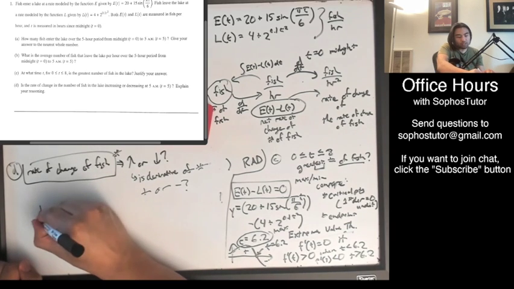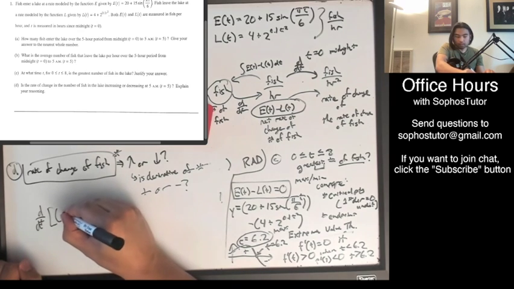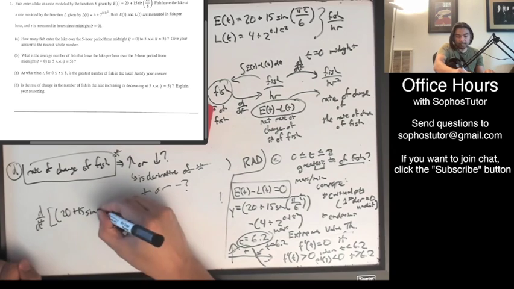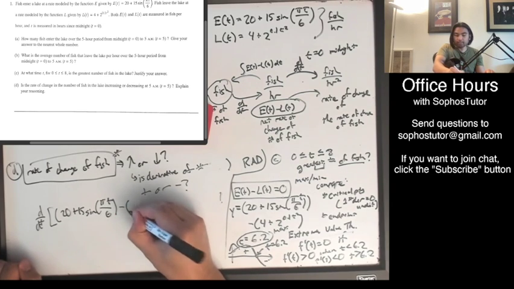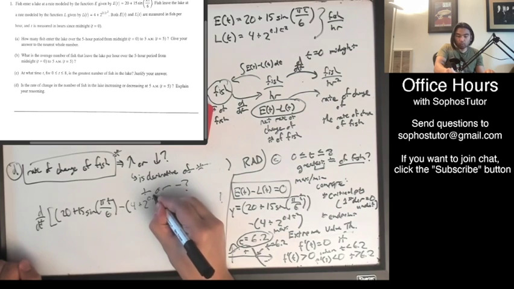If we take the derivative of 20 plus 15 sine of pi t over 6 minus 4 plus 2 to the 0.1 t squared, okay?